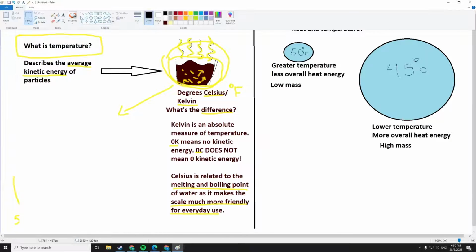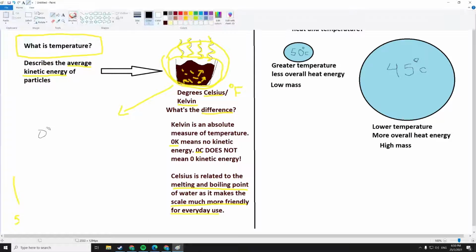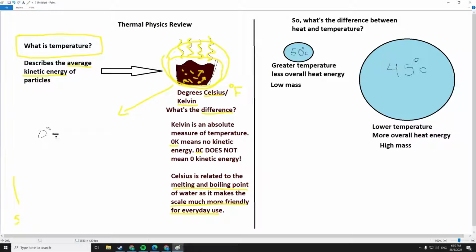So what we have is that 0 degrees Celsius is equal to 273 Kelvin. So if you want to convert between Kelvin and Celsius, if you have X degrees Celsius and you want to convert it to Kelvin, you simply add 273.